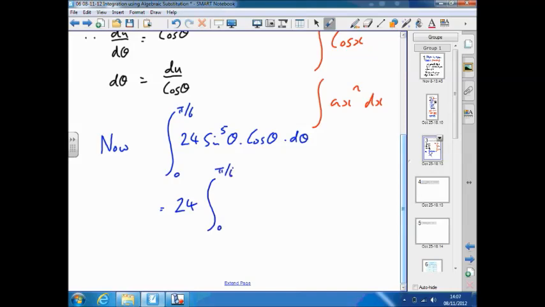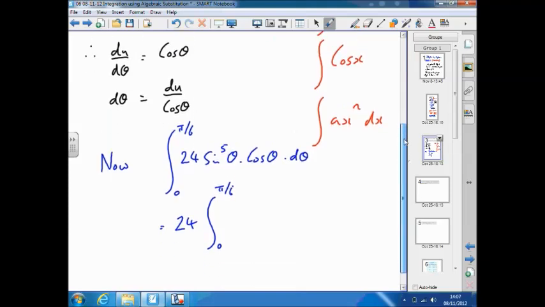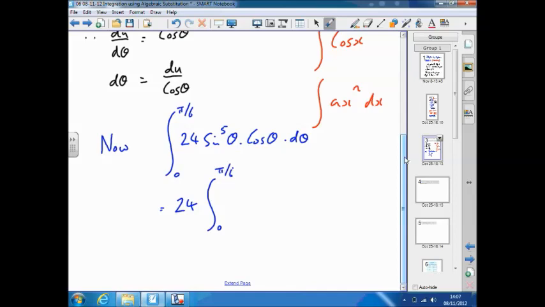Again, a constant can go outside the integral. We're letting u equal sine theta, so this becomes u to the 5 times cos theta times du over cos theta.